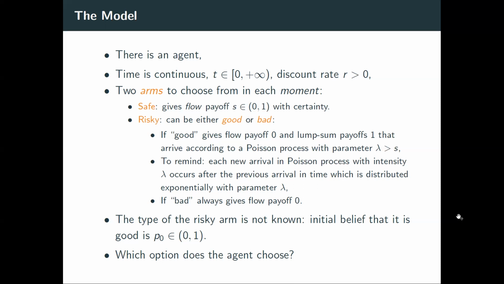And how these arrivals are distributed, we assume that they are distributed by a Poisson process. Remember that the Poisson process, how we defined it, was a count process. You have a counter and you start at 0 at time 0, and then time goes on, and at some random points in time you have these arrivals where you add 1 to the count.